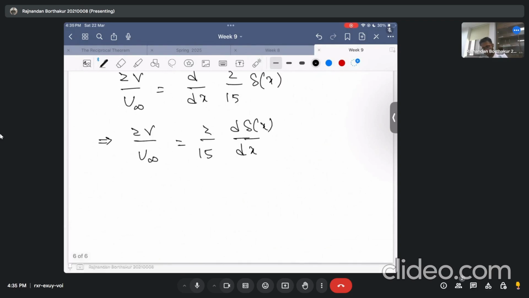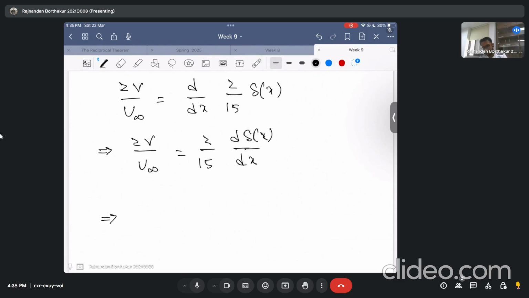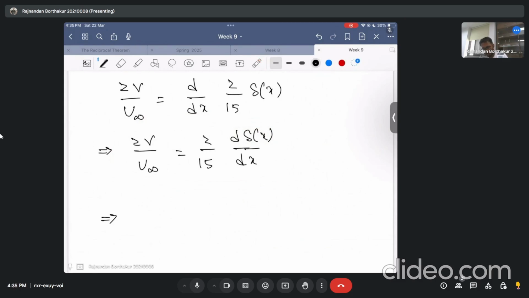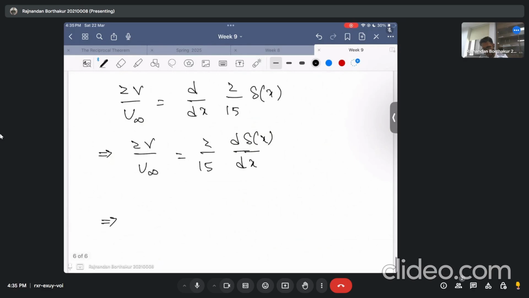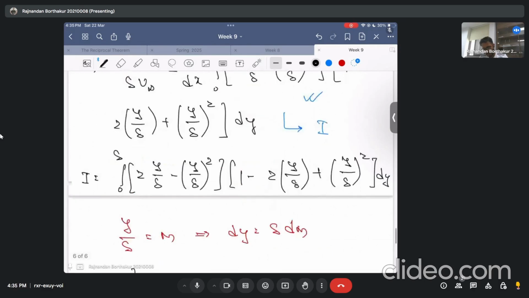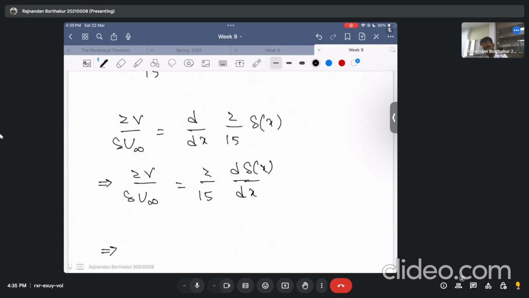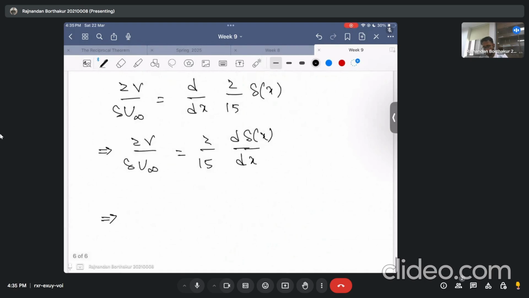And then I'll do this. So now in order to get delta, I need to integrate. But the good thing is this is of the form of variable separation. Remember there is a delta here also. So I'll do this variable separation where I'll just keep the delta terms together.